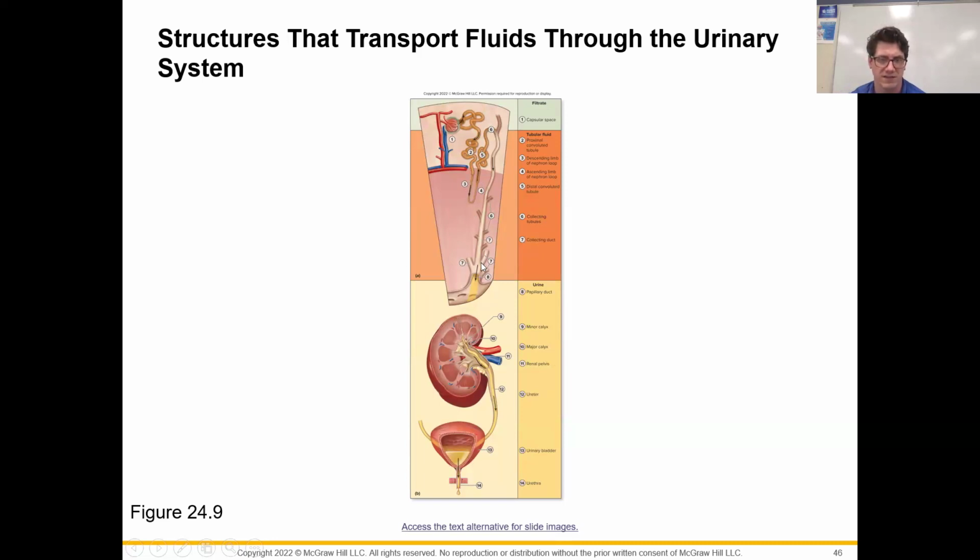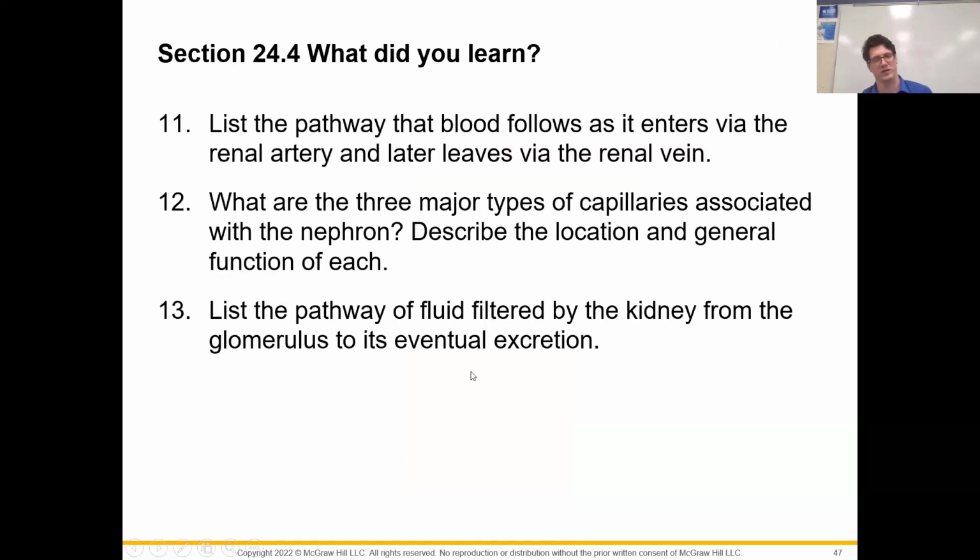Now, once we enter the collecting ducts, we're going to pass down finally into a papillary duct here, and then finally into a minor calyx, and then finally into a major calyx, which remember is where multiple of those calyces come together. Then finally into the renal pelvis, into the ureter, into the urinary bladder, and then finally out through the urethra. So that's going to be the pathway for our fluid.